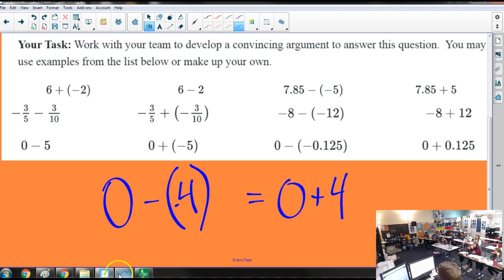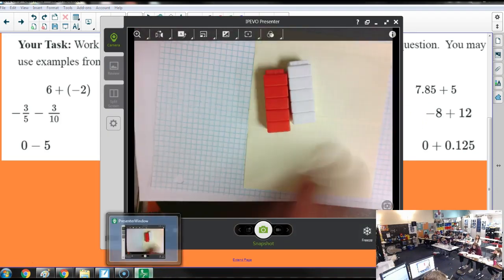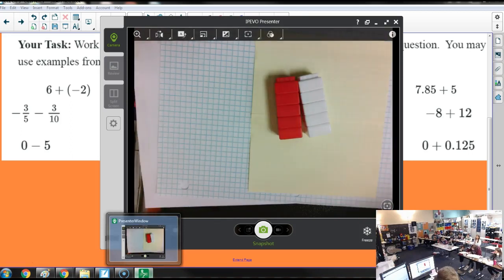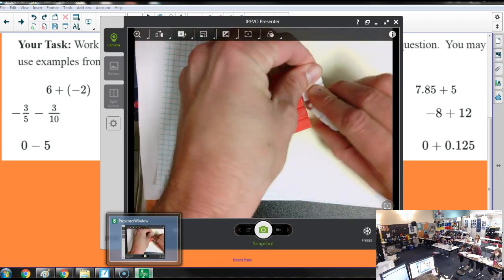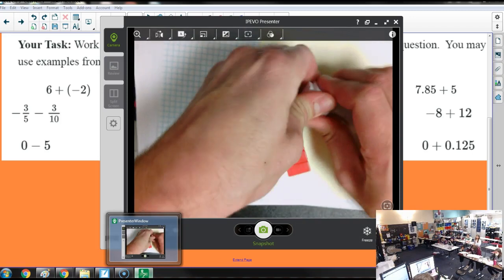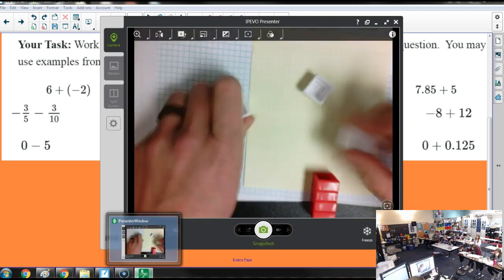So we first have to make 0, right? So I have nothing here. This is a stack of nothing, my bag of nothing. And then Araya said, if we take 4 away, well, my nothing could be easier if I just make it 4 nothings.